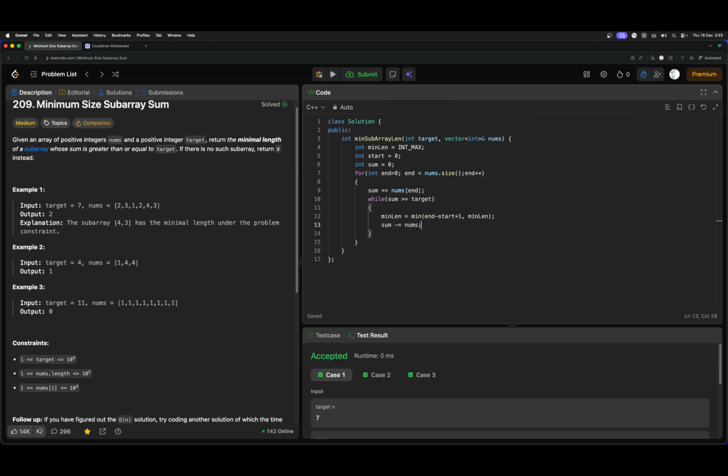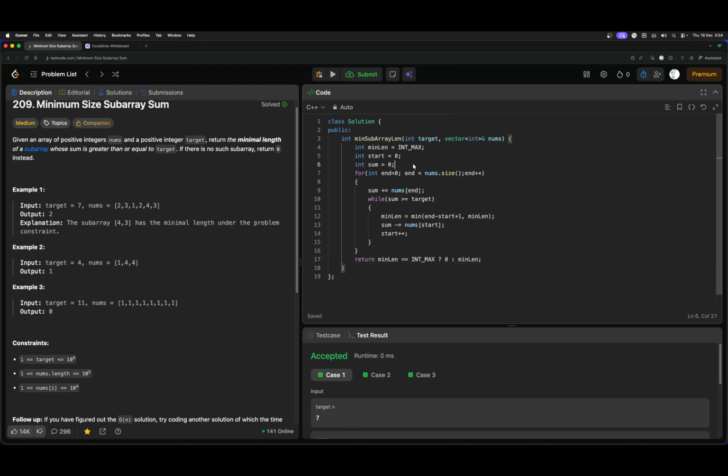So let's decrement the value, and then increment start. With all of this, we need to check if min length is equal to INT_MAX, then we can return 0. Otherwise, we can return the minimum length itself.